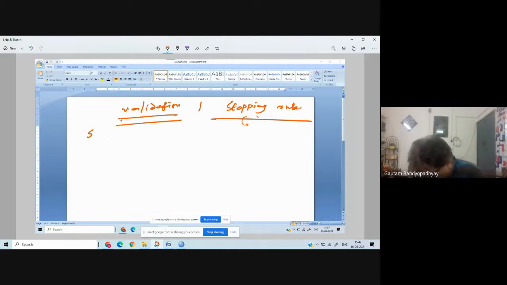What is step one for PCA and factor analysis? First you have to find the correlation matrix, because today I will solve using the correlation matrix. If there are 7 variables, then it creates a 7 by 7 correlation matrix.